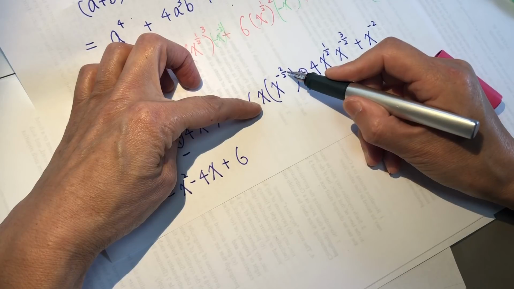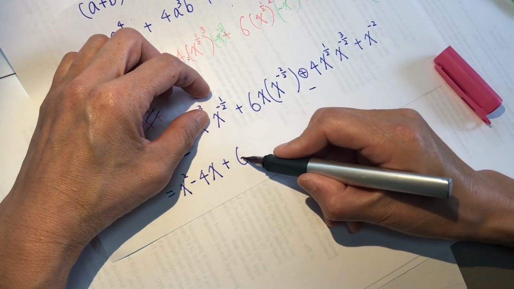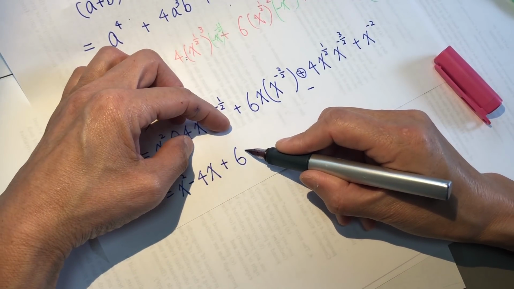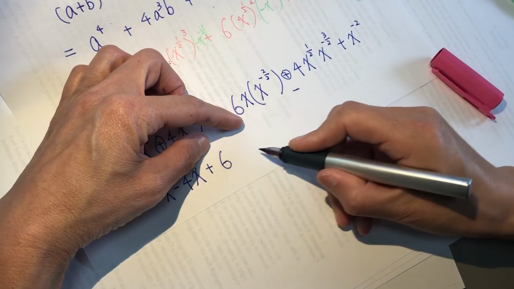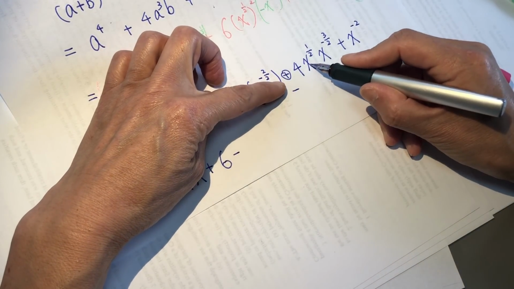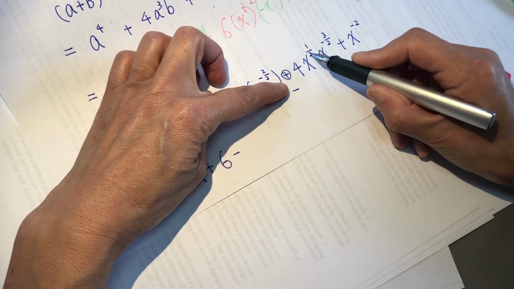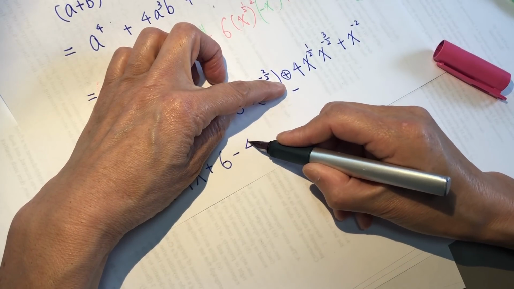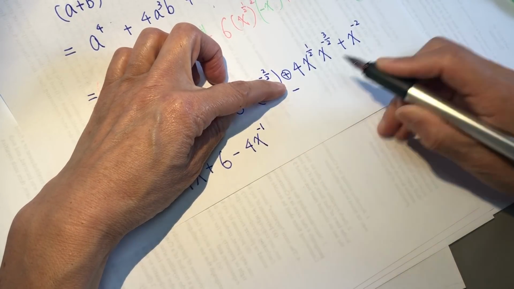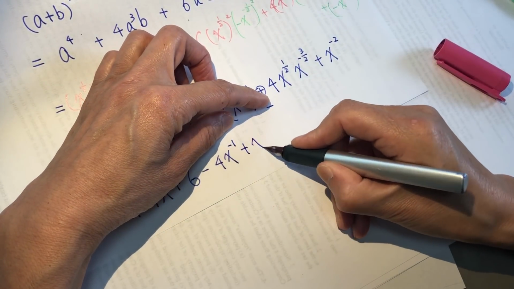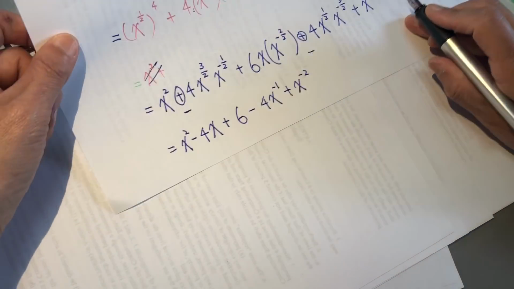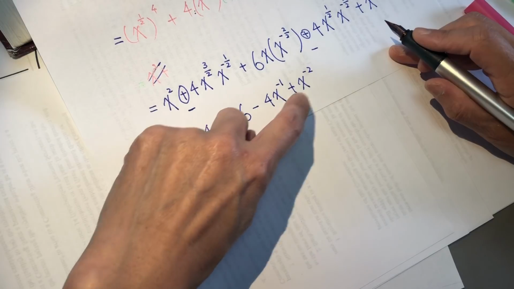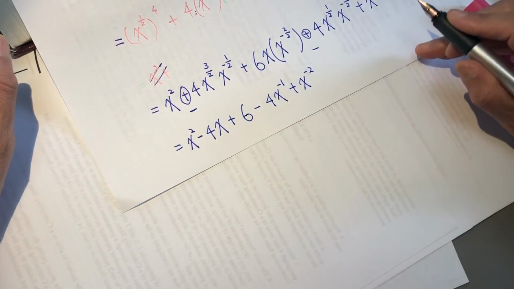Positive 1 negative 1 is 0, x to the power of 0, and then it's this number itself, and here minus 4x to the power of negative 1, plus x to the power of negative 2. Positive, negative, positive, negative, positive. So this is the result.